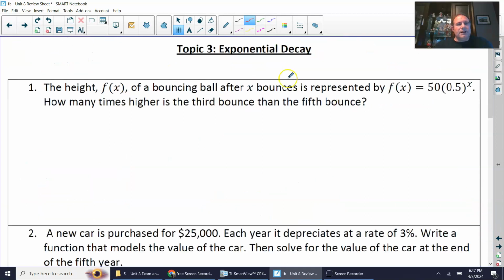Not easy. Topic number 3, exponential decay. Remember, decay is y equals a times 1 minus r to the t. The height of the bouncing ball, f of x, after the x bounce is represented by this. How many times higher is the third bounce than the fifth bounce?